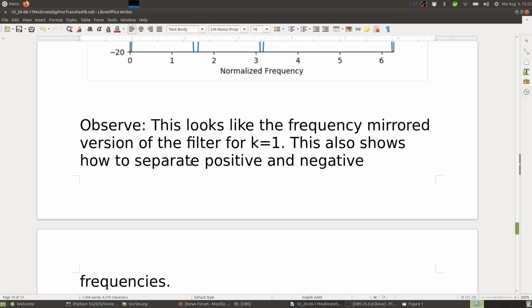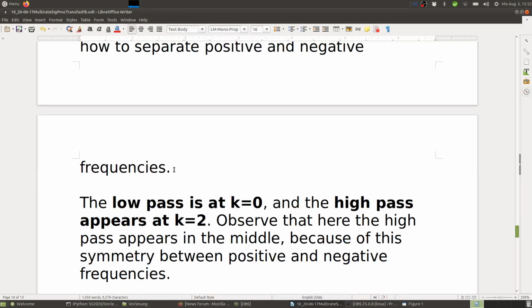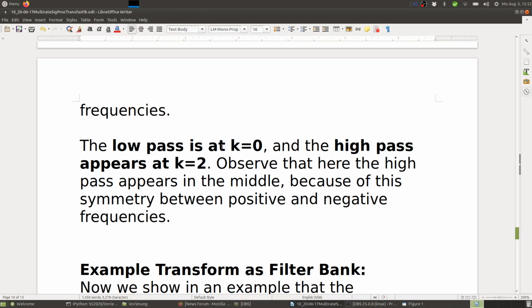This also shows how to separate positive and negative frequencies, right? Because here now we have a filter for positive and one for negative frequencies. So the low pass is at k equals 0, and the high pass now appears at k equals 2, right? Observe that there the high pass appears in the middle because of this symmetry between positive and negative frequencies. So high pass k equals 2 would basically be around pi.